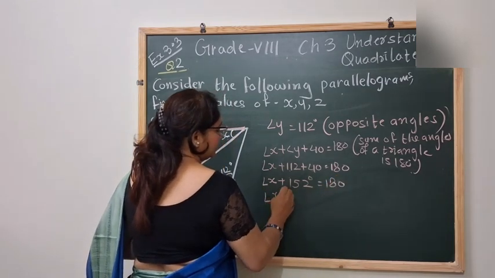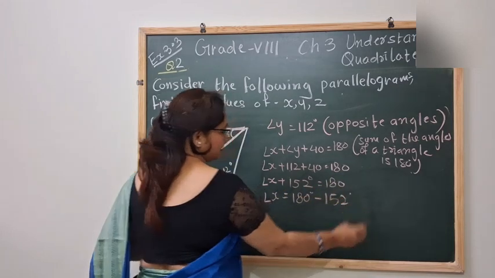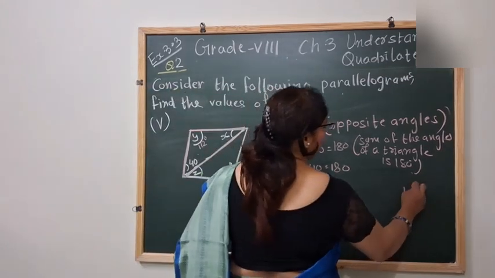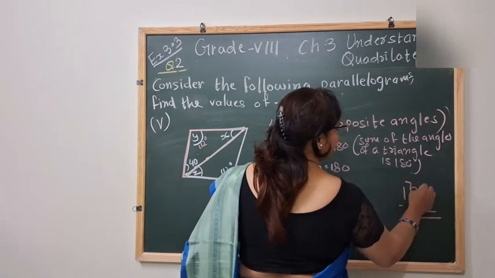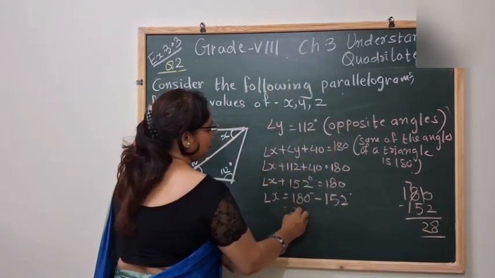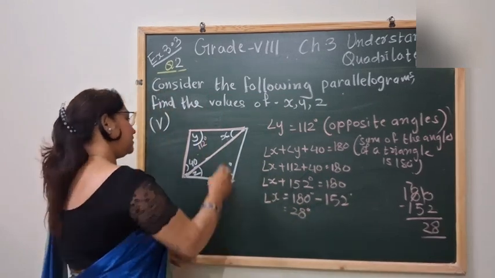So angle x is equal to 180 degrees minus 152 degrees. Subtract it, students. 180 minus 152 is 28 degrees. So I have got angle x as 28 degrees.